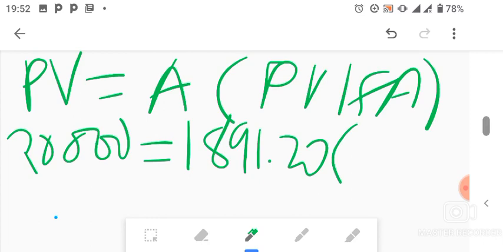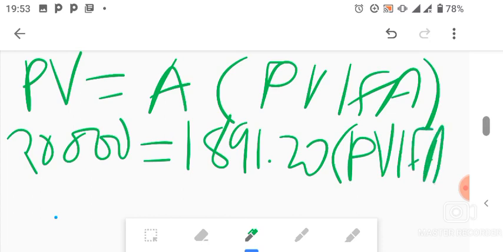Yes, they said 12 periods compounded monthly, so our periods have changed to 12. If either rate or time is missing, this interest factor, PVIF, is never computed, because one of the essential elements is missing. You can only get the value of PVIFA or any other interest factor if the rate and time are known. In this question, they were not.